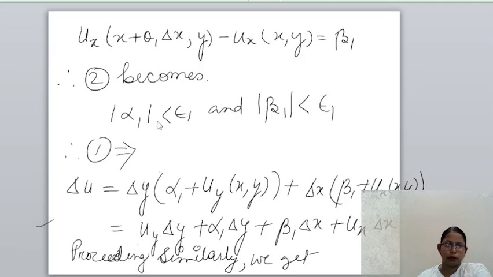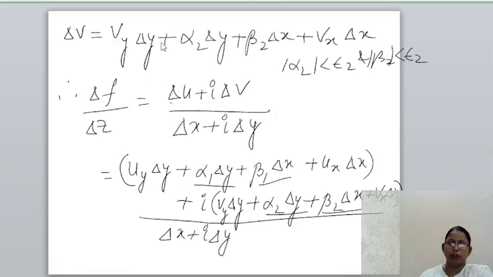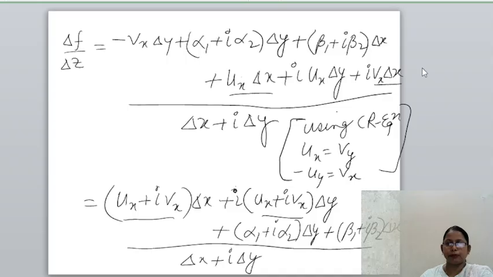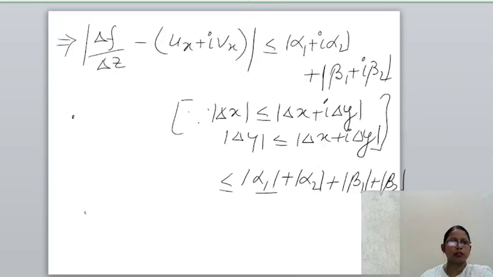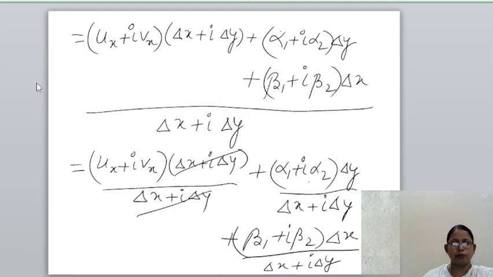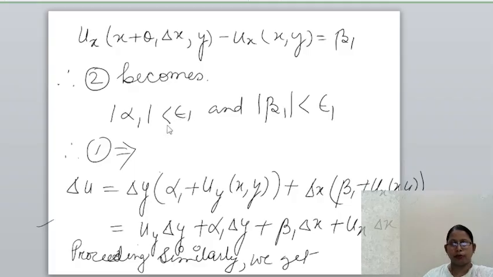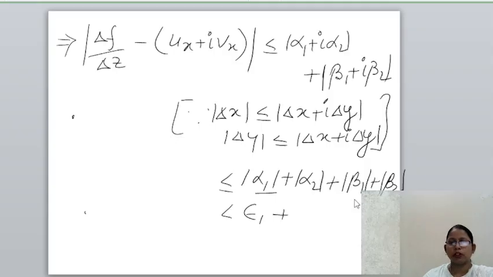Our condition will be: if α1 is less than ε1 and β1 is less than ε1, then in the next it will be α2 less than ε2 and β2 less than ε2. So this value is less than ε1 + ε2 + ε1 + ε2, which is equal to 2ε1 + 2ε2.